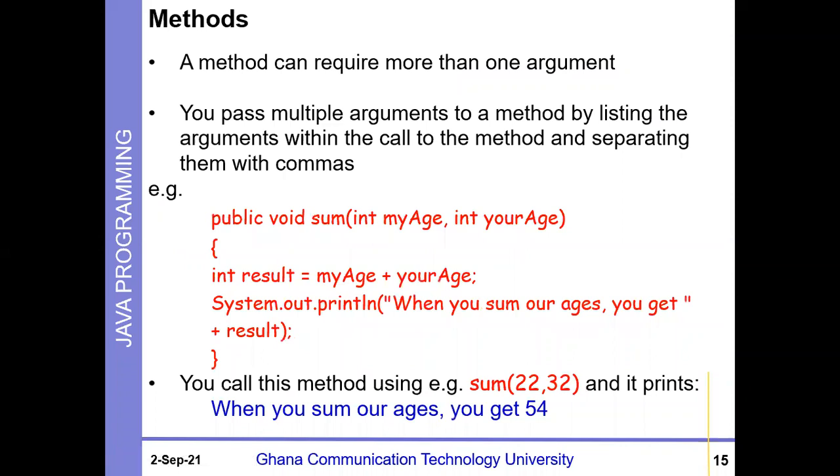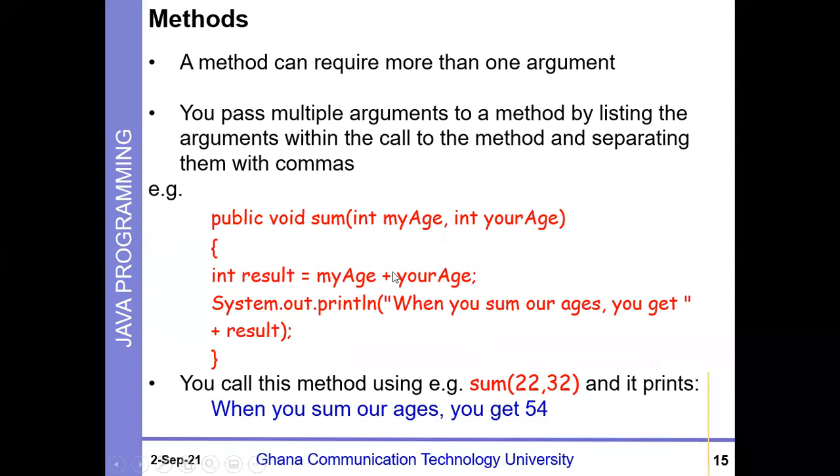So the method, like we said, can require more than one argument. You pass multiple arguments to a method by listing the arguments within the call to the method, separating them with commas. So you have integer my age, integer your age. That is the method sum. If you are going to call sum, you provide the name sum and then two integers. In this case, you say sum 22, 32.